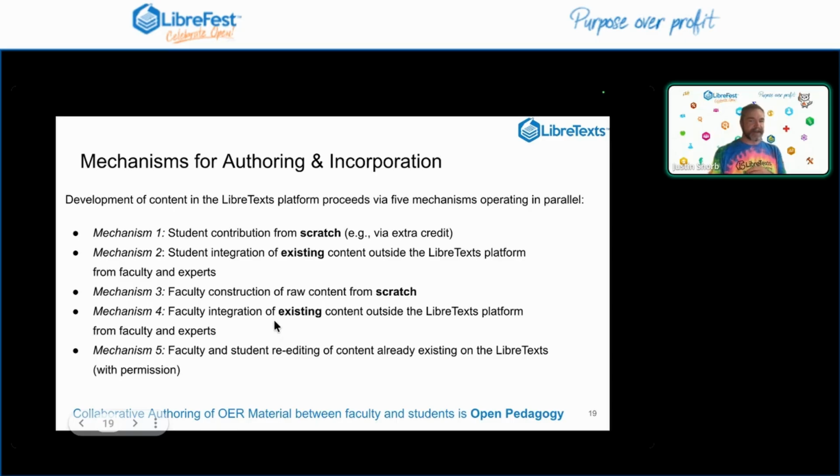It's much more integrated and exciting for students to work on that material to see how relevant your classroom has outside of it. And then mechanism 5 is faculty and students re-editing together. So making this a real open pedagogy approach of I'm going to work with my students to modify and build things together. So that collaborative authoring there works.